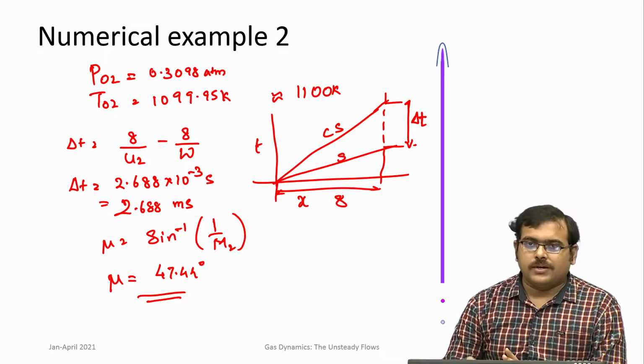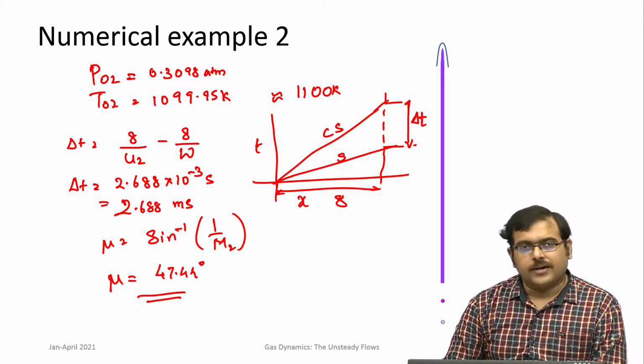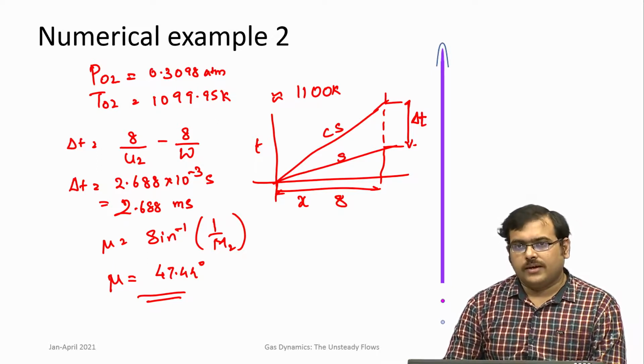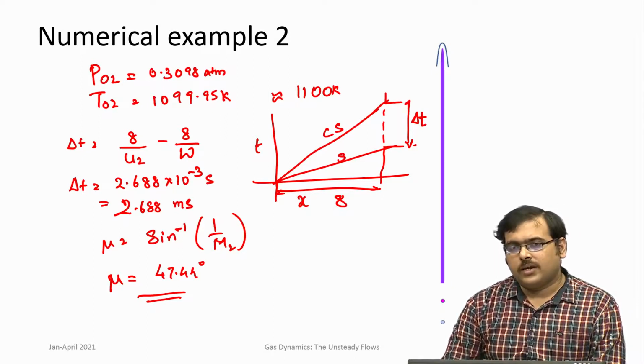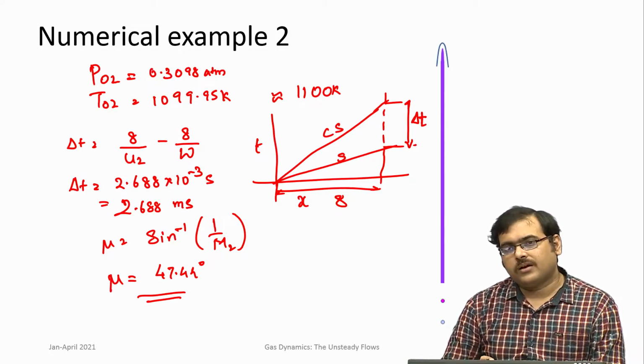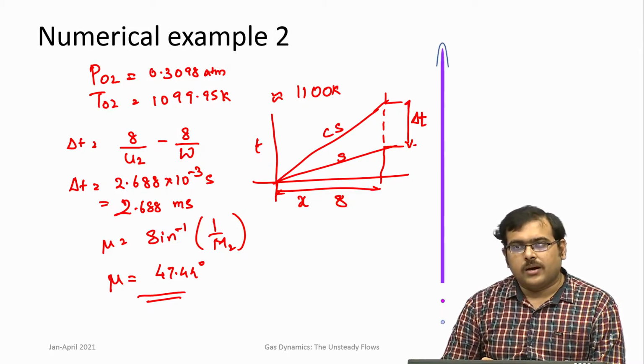So with this we come to a close on unsteady flows, and in the next module we will be moving from the 1D equations, we were all in the 1D framework, to the 2D framework, and look at shock waves and expansions in the 2D framework. When you go to 2D, the shock waves become at an angle to the flow.